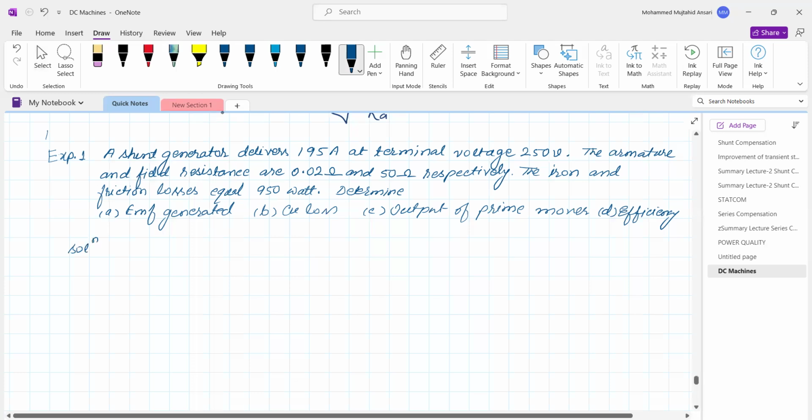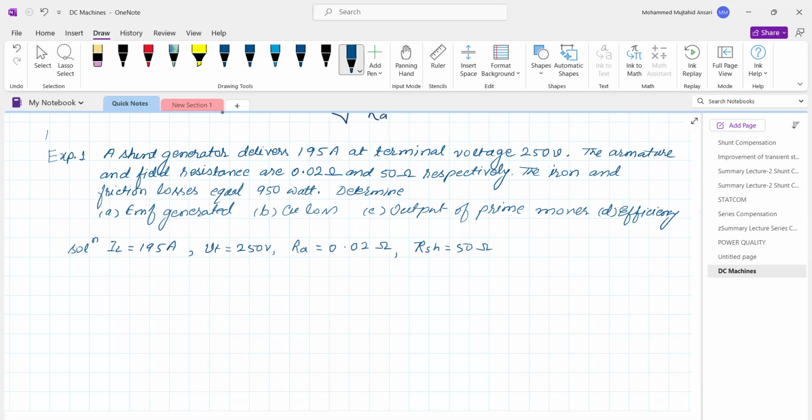What are the parameters given? The load current IL is equal to 195 ampere, and the terminal voltage VT is given as 250 volt, whereas the armature resistance RA is equal to 0.02 ohm, whereas the shunt field resistance RSH is equal to 50 ohm, and iron and frictional losses are given.